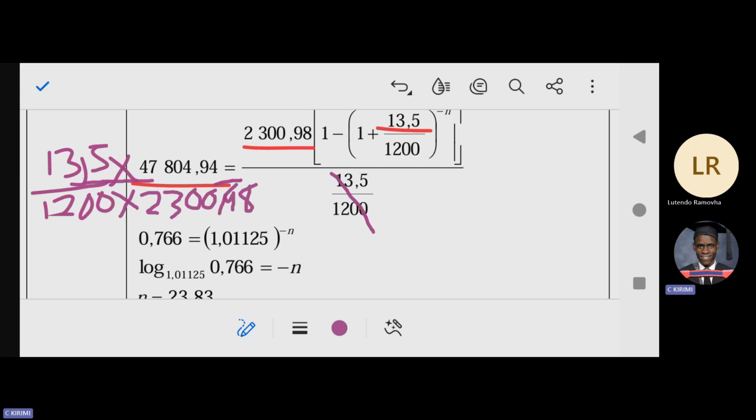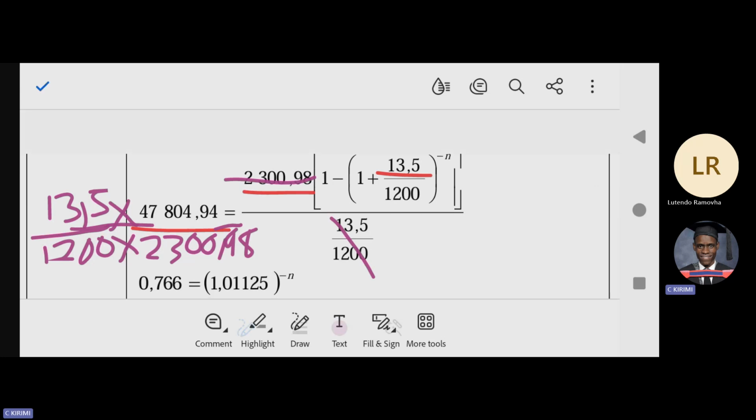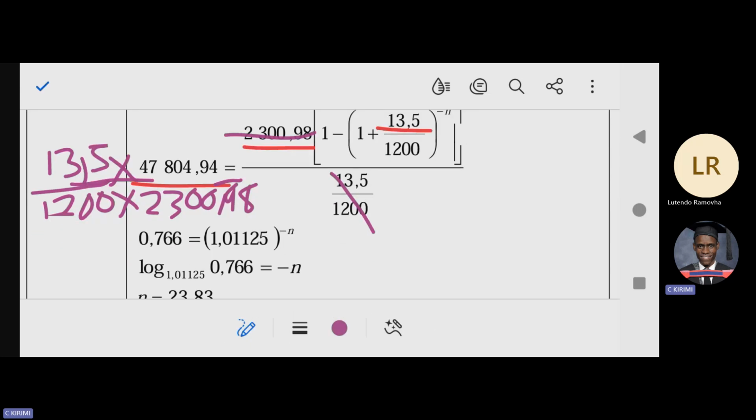This has vanished. Now we are left with what is inside the bracket. If you calculate very well what is inside the bracket, 1 minus 1 plus 13.5 divided by 1,200, you must get this answer.